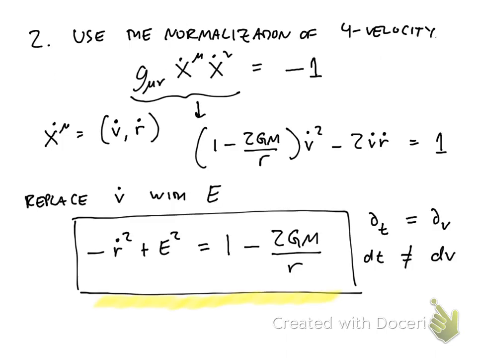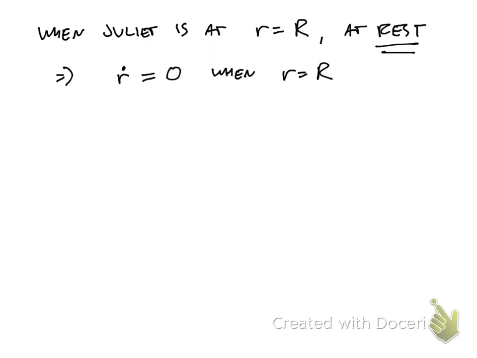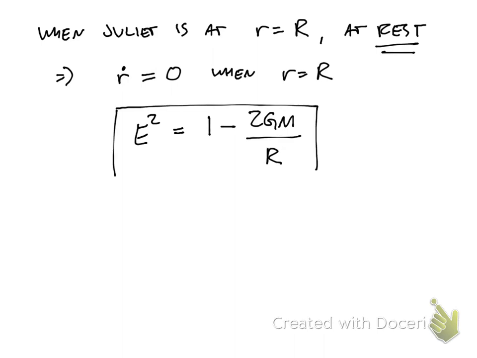Let's go back and stare at this equation here. When little r equals big R, r dot equals 0, and therefore we can solve for capital E in terms of big R. We get just that E squared equals 1 minus 2GM over big R. So this constant of the motion E, we have solved for in terms of big R.